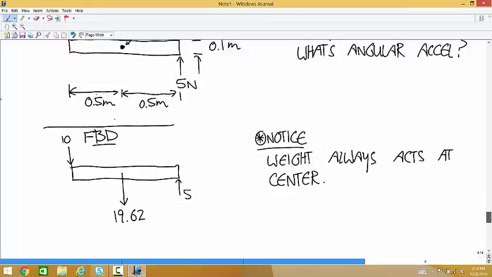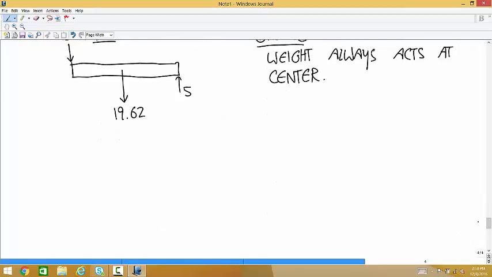So let's first calculate the moment of inertia. Yes, it's always at the center. And so we'll see how that works in the next example. I'll put the axis somewhere else.